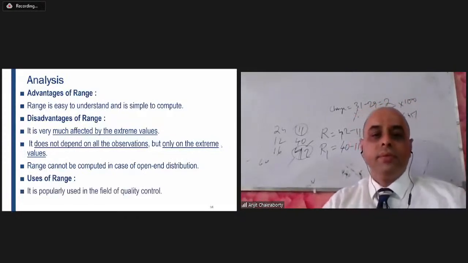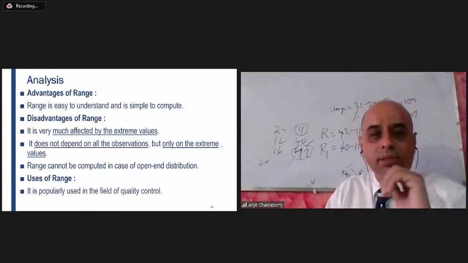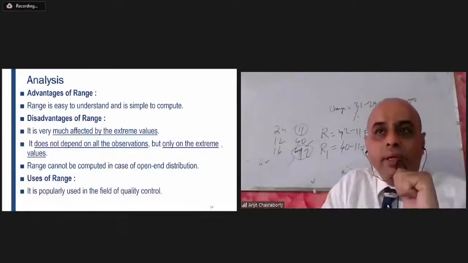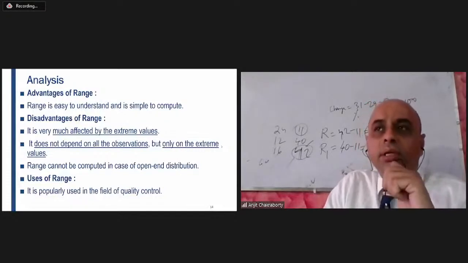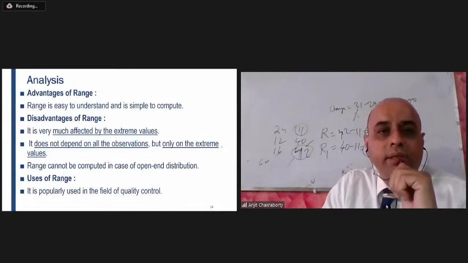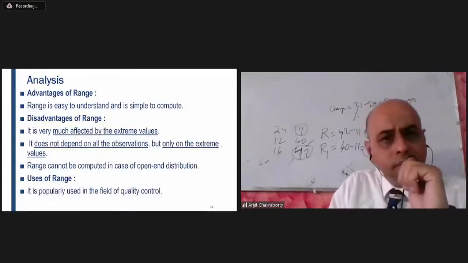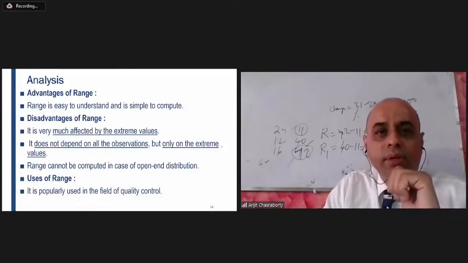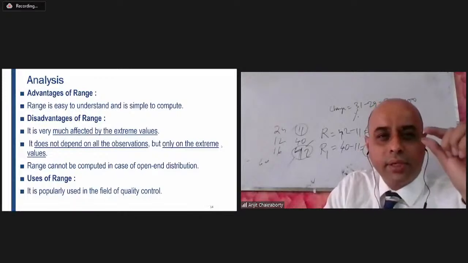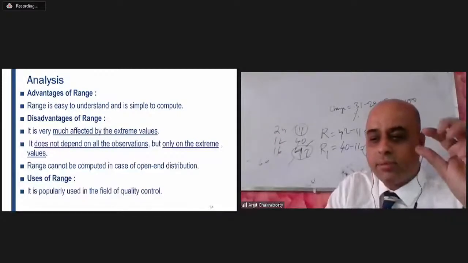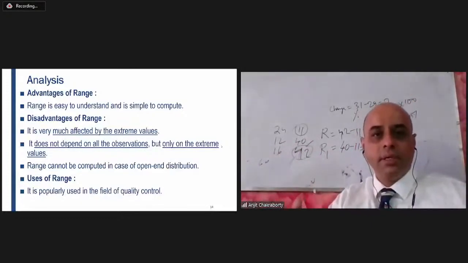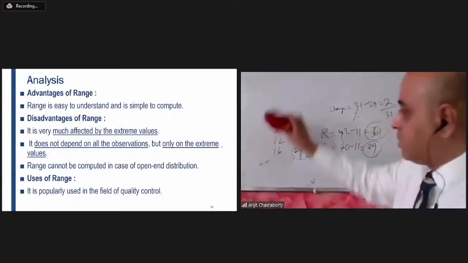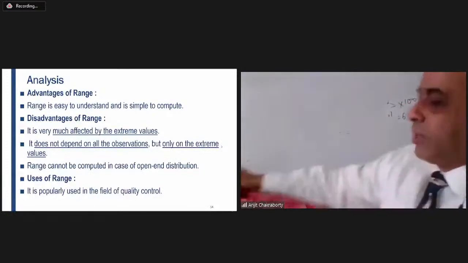Uses of range, quality control. How is it used in quality control? In a company where there is some production or manufacturing going on, the manager will decide the maximum range around the target thickness. Say they are manufacturing steel plates, and the ideal thickness is 2 inch. So they will give a range.